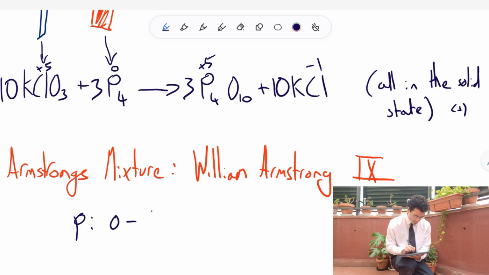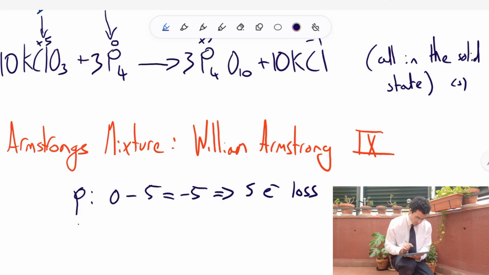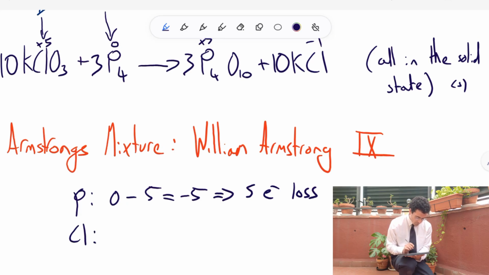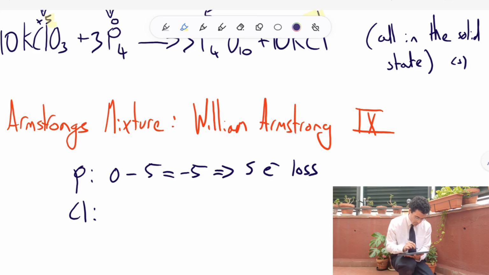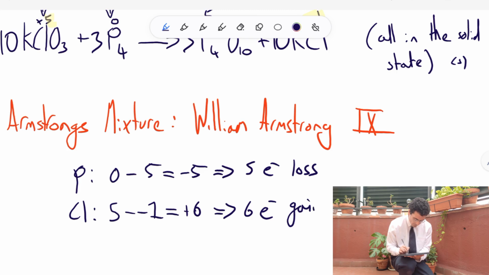So 0 minus 5 equals -5, which is equivalent to a 5 electron loss. And we see that for chlorine, we go from the +5 state to the -1 state. So that is 5 minus -1 equals +6, which is equivalent to a 6 electron gain.